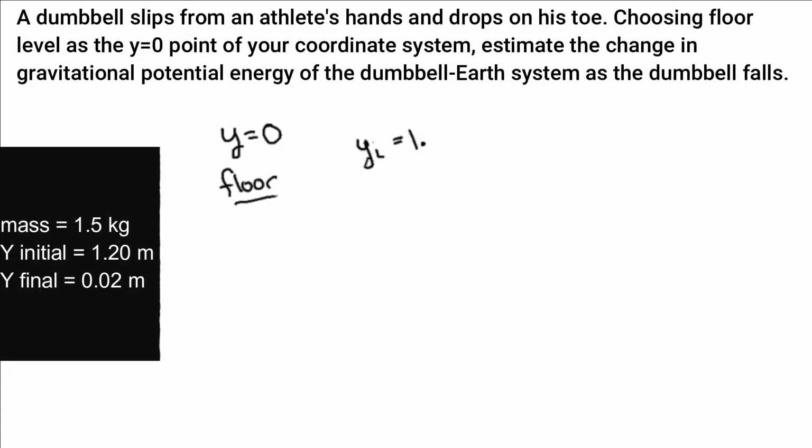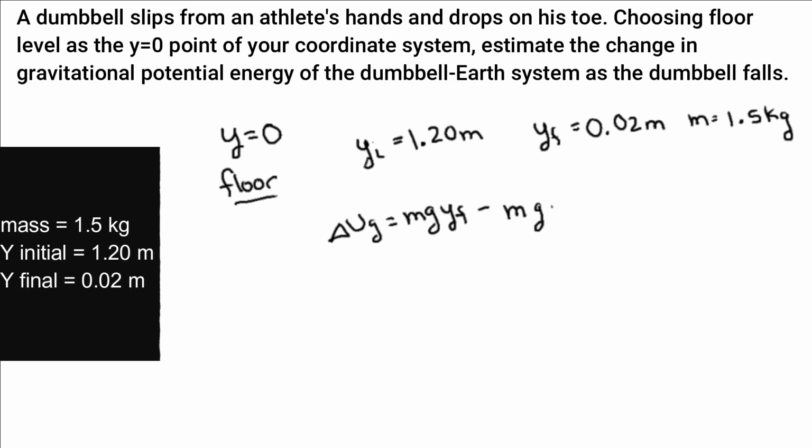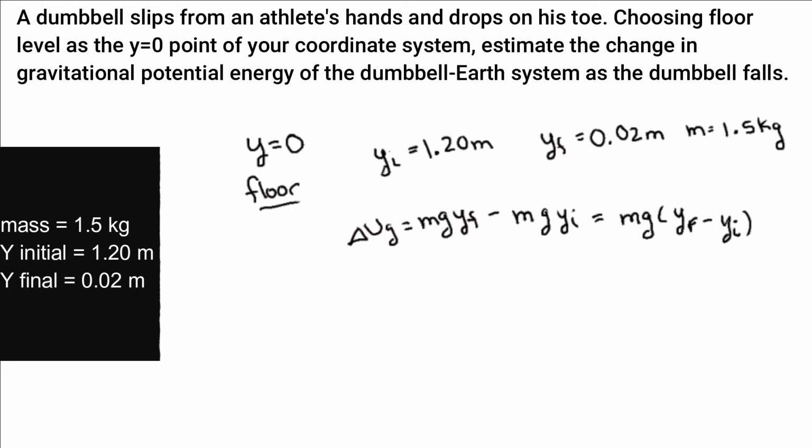We are told here the initial height is 1.20 meters, which is where the athlete was holding the dumbbell before it fell down. Then the final height is 0.02 meters. We can easily solve for the change in potential energy using our equation for gravitational potential energy: mass times gravity times final height minus mass times gravity times initial height. Let's plug in our values.